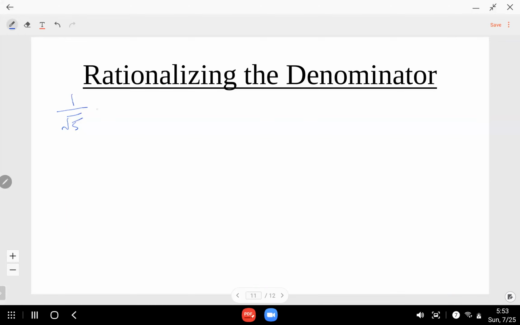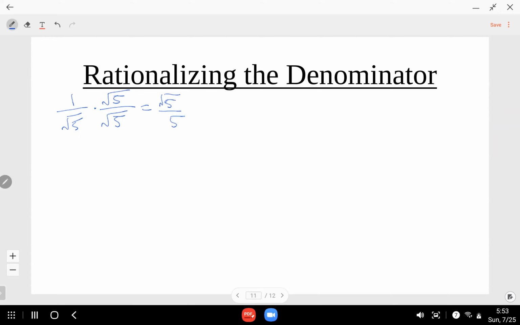So what we're supposed to do is multiply by square root of 5 over square root of 5. Basically just multiplying by 1. So it doesn't make a difference, but what we get is square root of 5 over 5. And now we have a rational number on the bottom, so there we go.